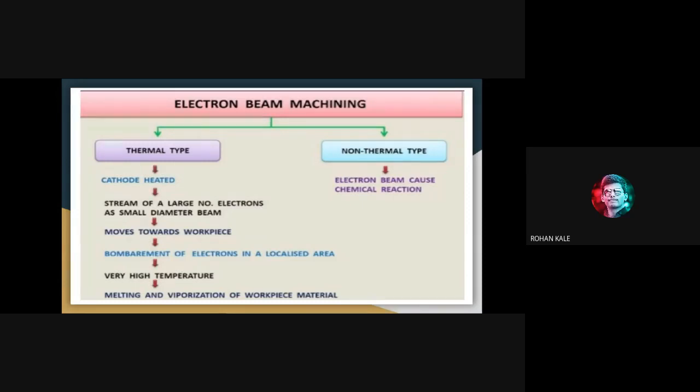of your workpiece. Okay. So whatever the working principle of EDM or LBM or this EBM, all these three are the same.